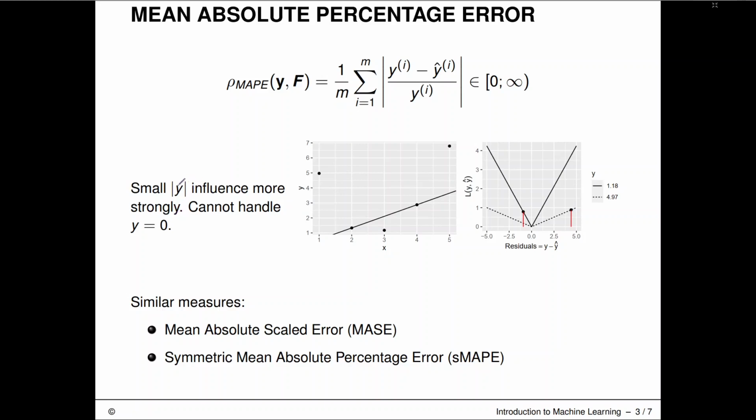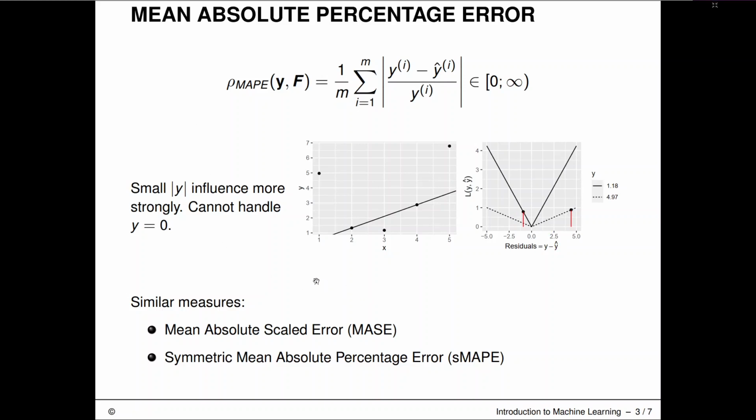So if you have a very small value for y, but you are quite far off in terms of percentage points, and not necessarily an absolute value, but in percentage, this will still influence your MAPE measurement quite strongly. Here this is visualized. It's not so easy to actually visualize that. You can see here the loss plot, and in terms of the residuals and how that actually enters the computation.